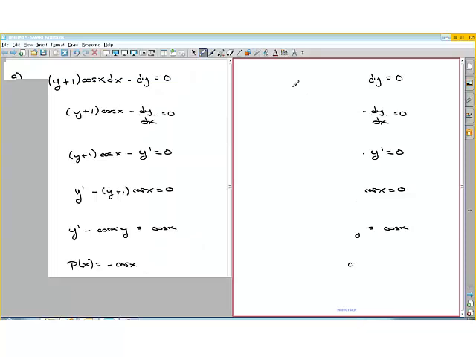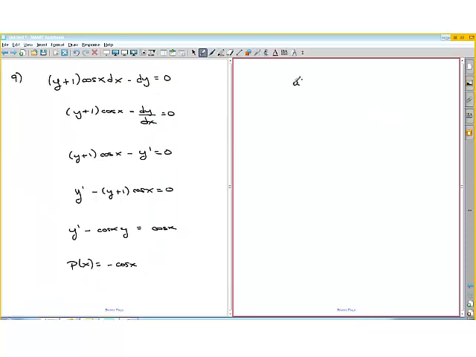So we're going to figure out what the integrating factor is, and it's equal to e to the integral of p of x dx. So p of x is negative cosine of x, so we have e to the integral of negative cosine of x dx.